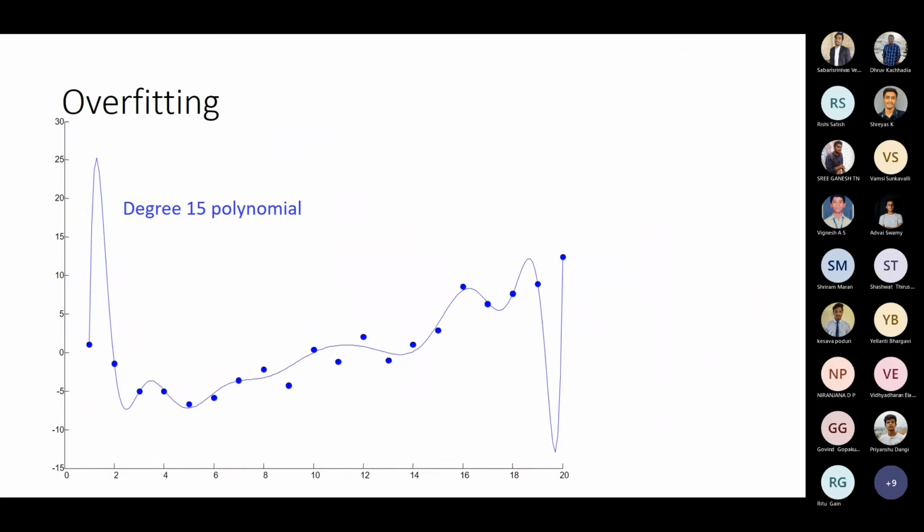For example, if you have these as your data points and you wanted to map this to a function, you will end up with a 15-degree polynomial, which will get you this curve, connecting almost all the dots. Even then, it is not connecting all the dots.